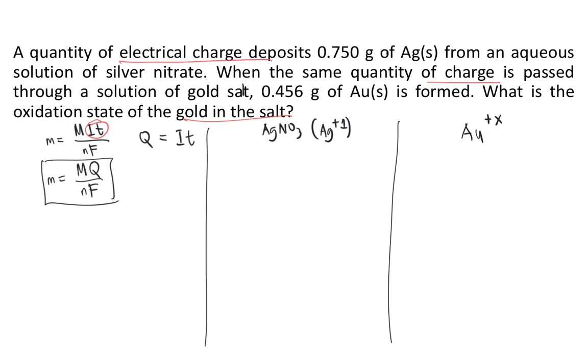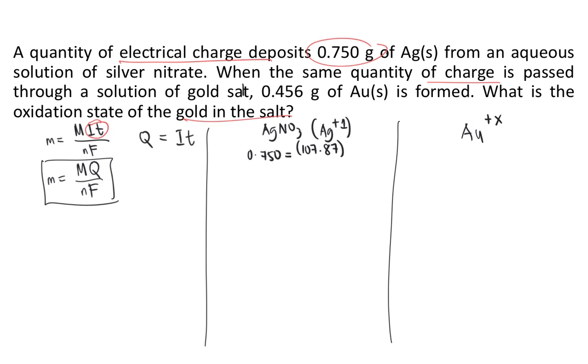Let's apply the formula to silver. m is the mass deposited, which is 0.750 grams. That's equal to M, the molar mass. If you look at your periodic table, the molar mass of silver is 107.87 grams per mole.